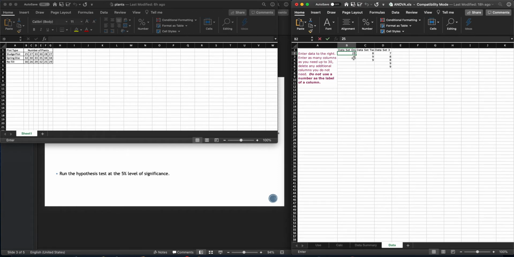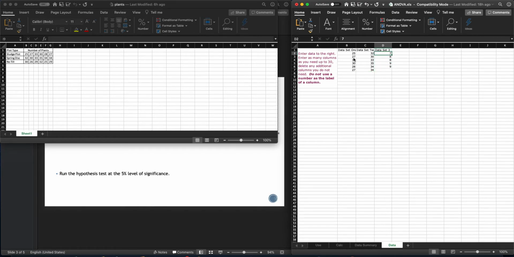So we have here 25, 27, 33, 30, 28, and 27 for the sludge plot. The spring disk was 32, 30, 33, 35, 34, and 34.